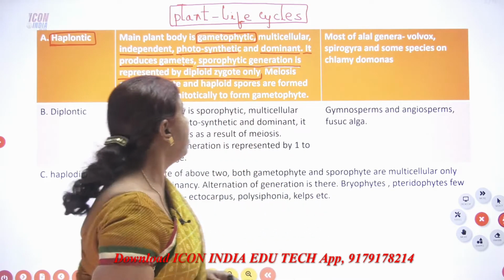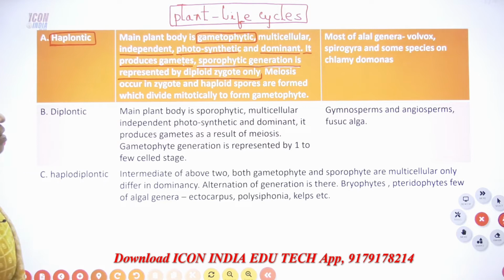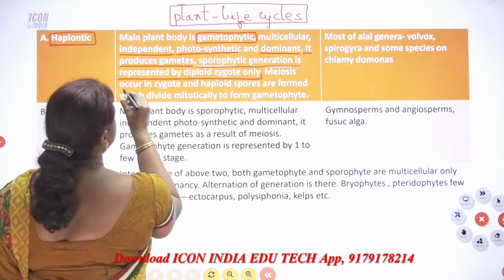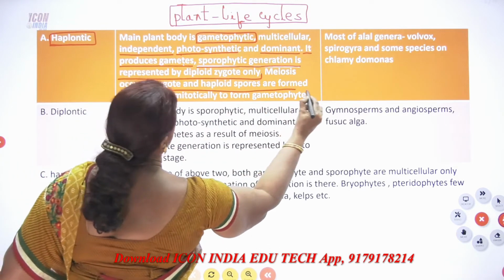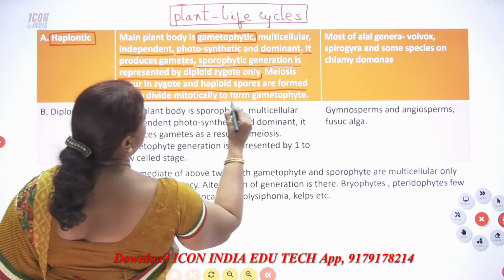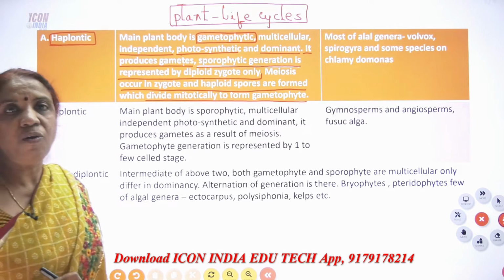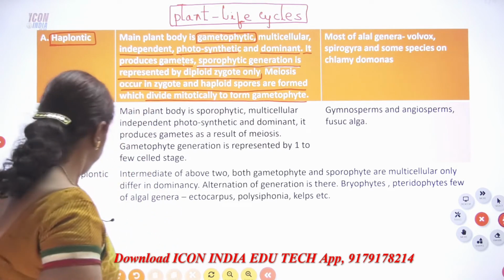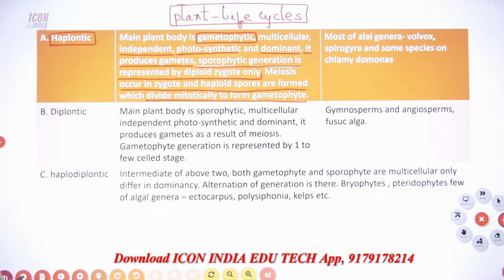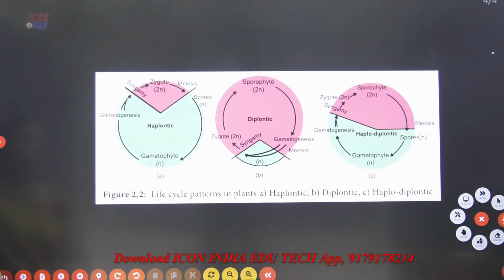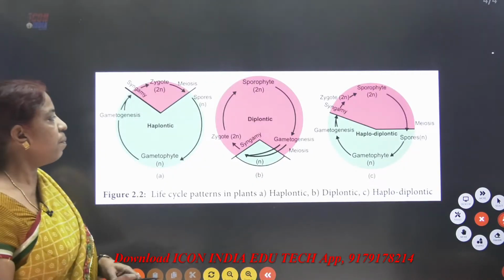Here meiosis occurs in the zygote. It produces haploid spores, and the haploid spores again divide mitotically to form the gametophyte. Look into the picture of the life cycle of Diplontic. You can see here, this is a Diplontic life cycle.